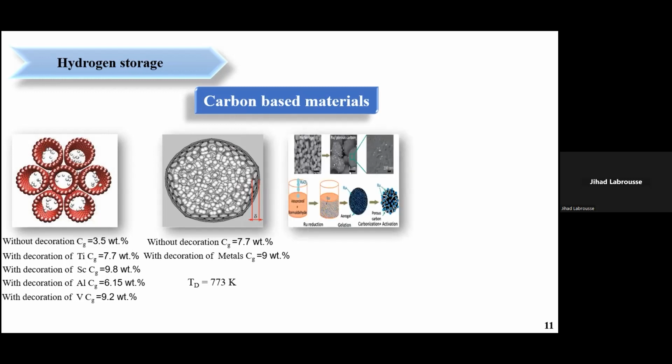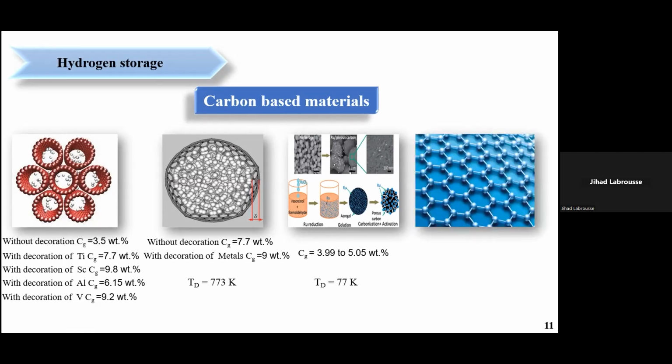There is also porous carbon. This material can achieve a gravimetric capacity ranging between 3.99 and 5.05% by weight at 77 Kelvin. Graphene, the last material, is not actually considered a good material for hydrogen storage, and that's what we're going to solve in the rest of the presentation.